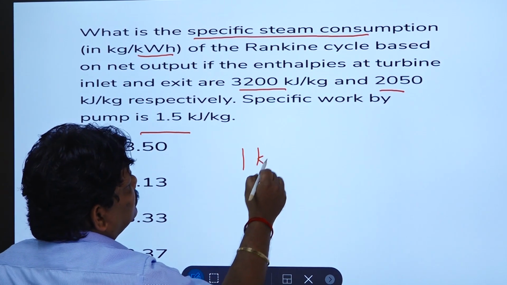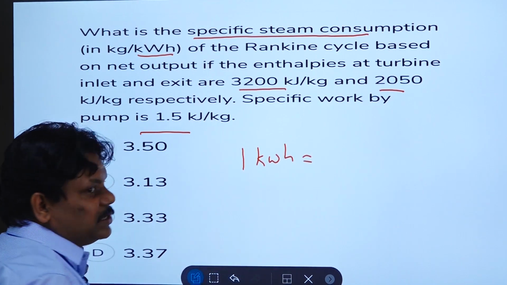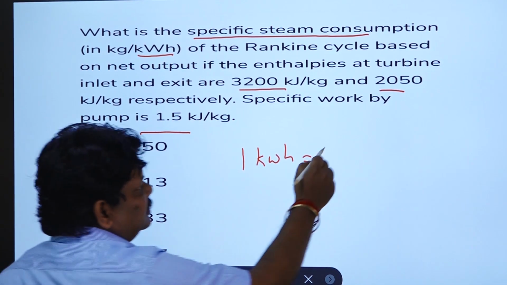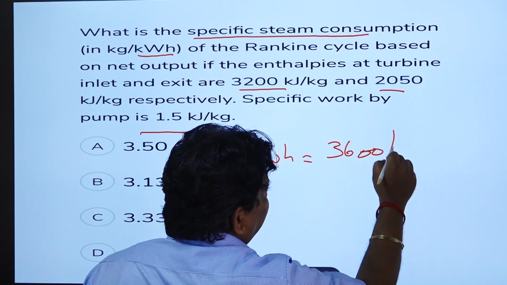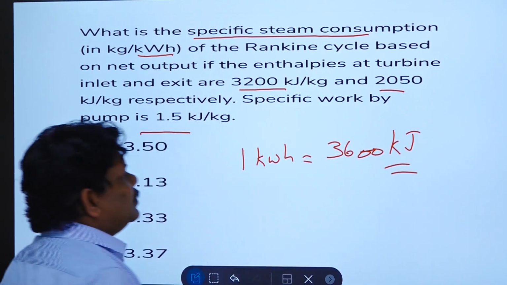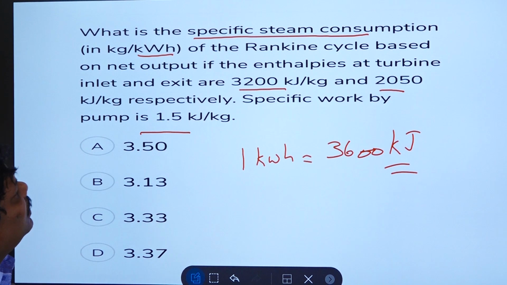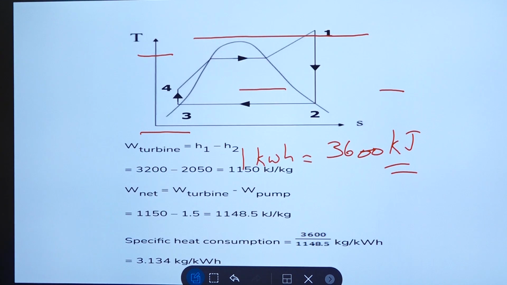For 1 kilowatt hour, it is 3600 kilojoule. So the specific steam consumption has to be determined based on the net output.